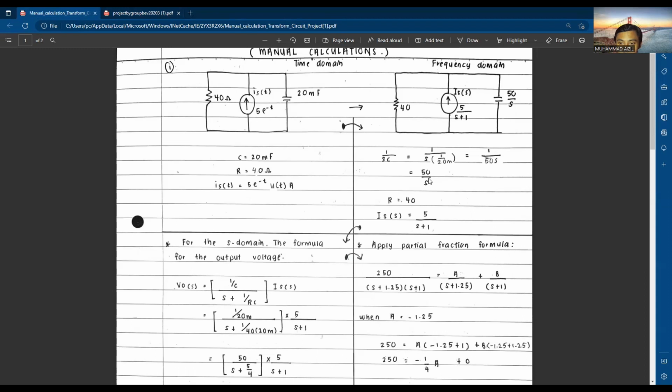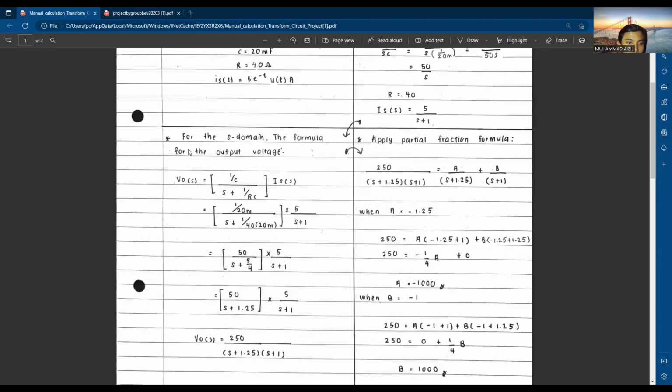We can conclude that the value of the capacitor in frequency domain is 50 per S, and for the I_S(C), we change the value to frequency domain and get 5 over S plus 1.